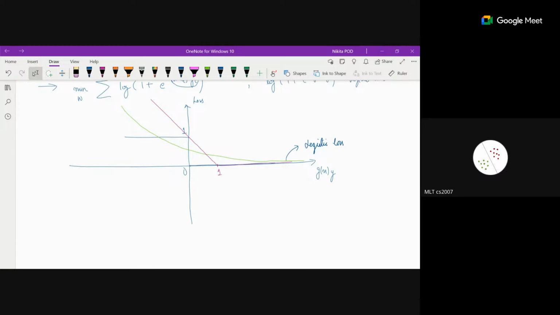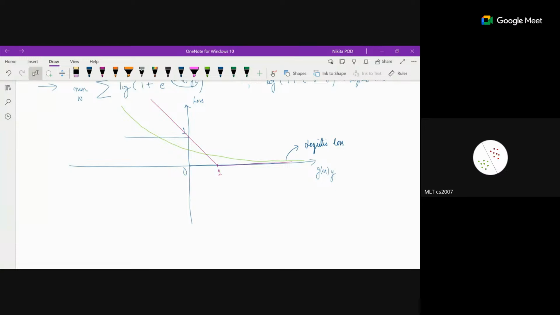Since the 0-1 loss was not easy to minimize because it was an NP-hard problem, we looked at the logistic loss and the SVM loss, and we got different surrogate losses from different algorithms, and they were all convex. Since they're convex, they can be minimized very easily, and we can get a minima from here.